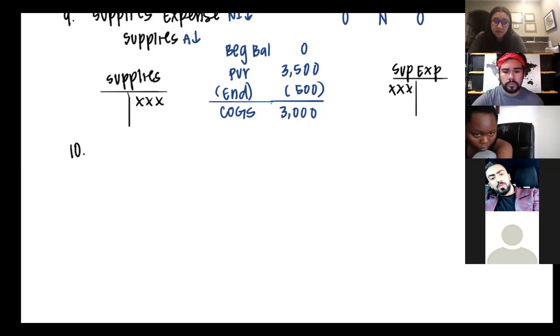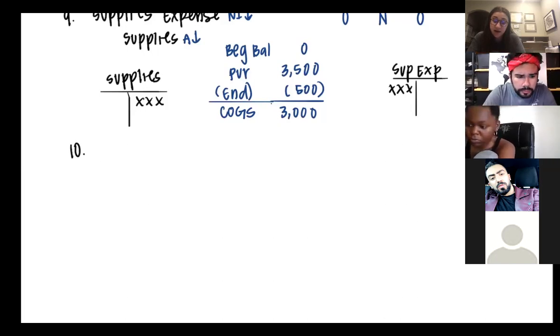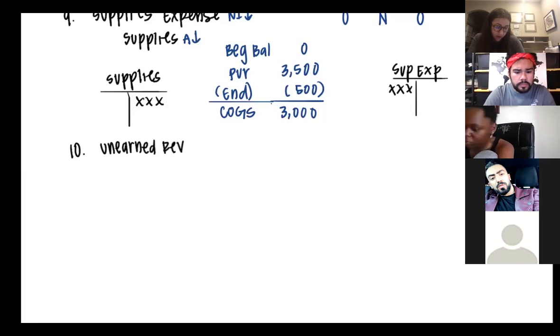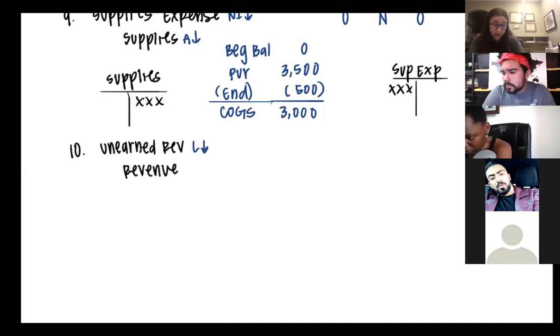Now in November, they shipped all of it to the customer, and so they earned all of that revenue. So now they need to lower their liability and then finally recognize their revenue. So the journal entry is going to be a debit to unearned revenue and a credit to revenue. And so this lowers your liability because you're debiting it, and this increases your net income.